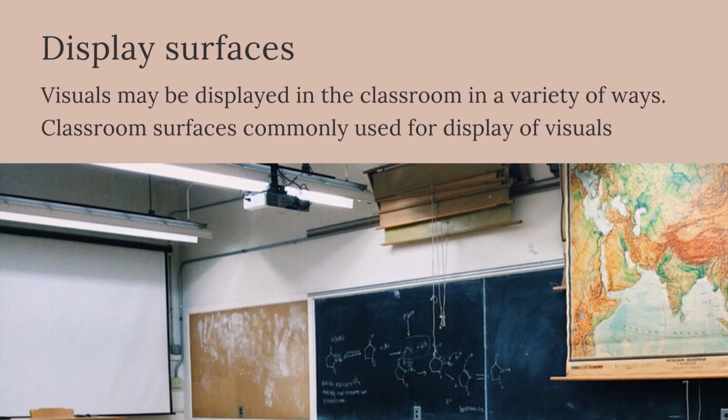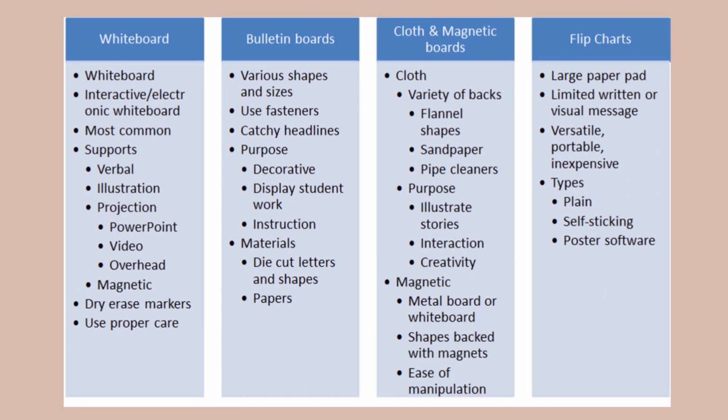Alright, so for display surfaces, we use many types of display surfaces inside our classroom simply to display knowledge or visuals, and support information to our students, and we will get to know display surface types.